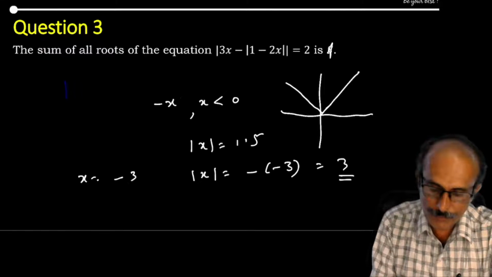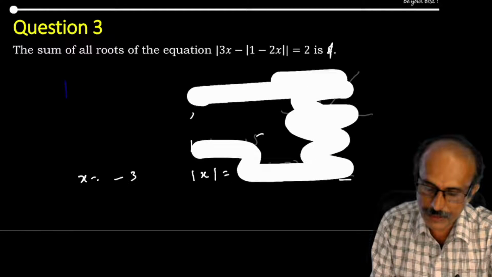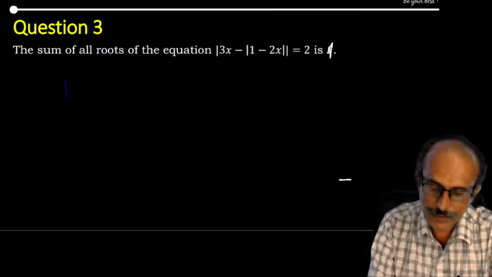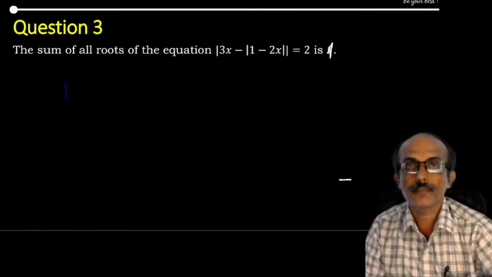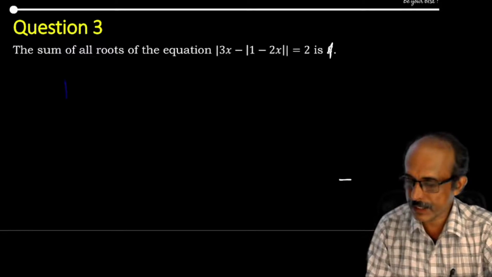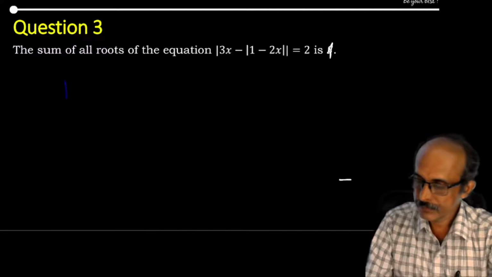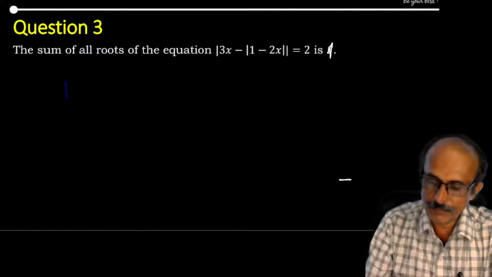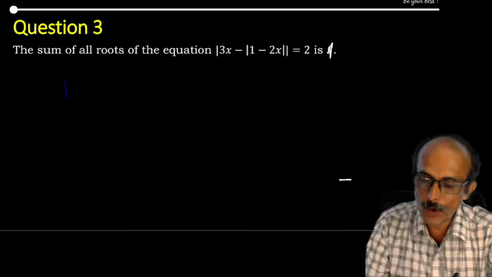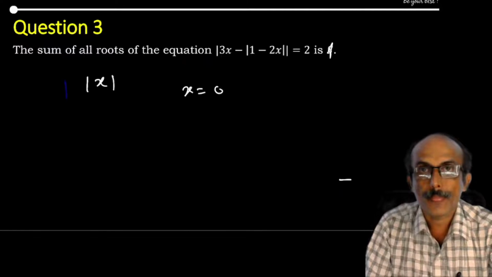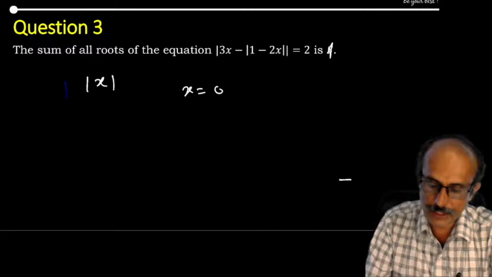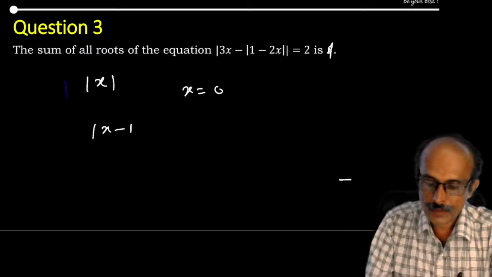Okay, coming to the problem, we will simplify the left hand side carefully. How do you simplify the left hand side? There are some points where the sign changes. For example, if you take mod x, the sign changes at x equal to 0. Suppose you take a function like mod of x minus 1, the sign changes at x equal to 1.